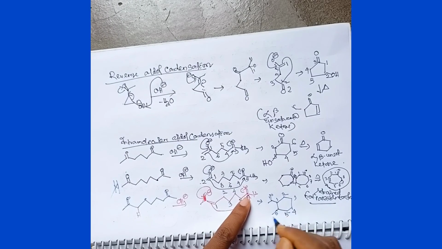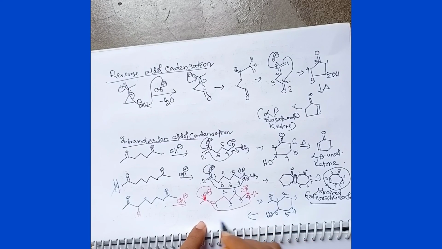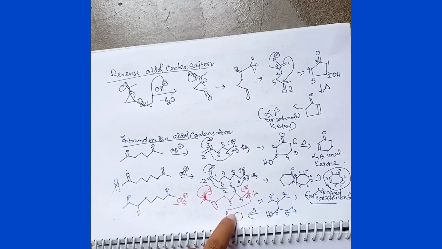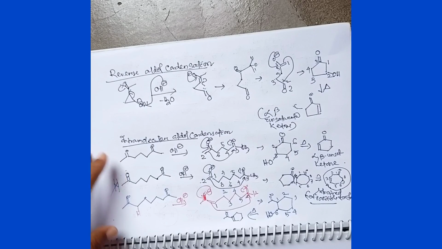So in the 6 this is a hydroxy group, and on heating it will form the alpha beta alkene. So this is the gist of this intramolecular aldol condensation.